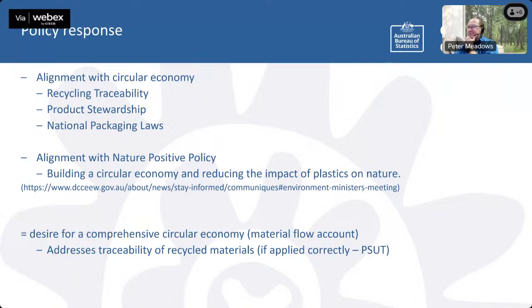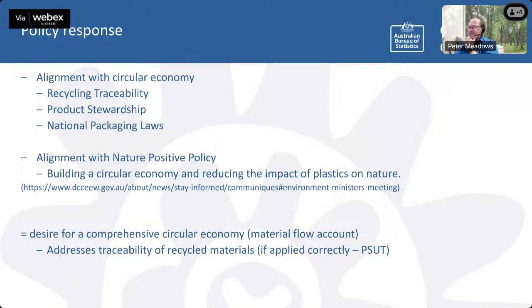So it has actually doubled down on the efforts that we have to do in terms of measurement and reporting of where those waste products are going. This is all in alignment with, I guess, the government's push at the moment towards a nature positive economy and nature positive policy in particular.